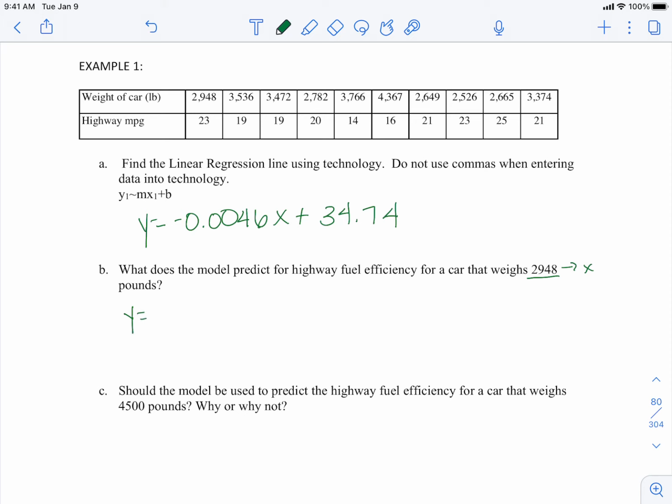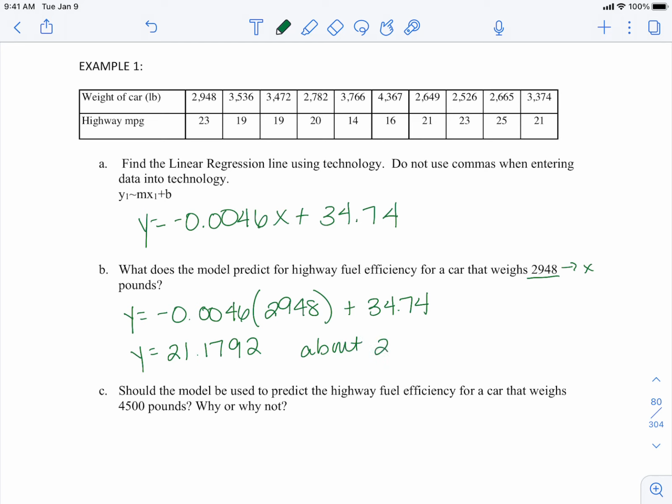So we have y equals negative 0.0046 times 2,948 plus 34.74. And so when we plug this in, we get 21.1792. So that's about 21.